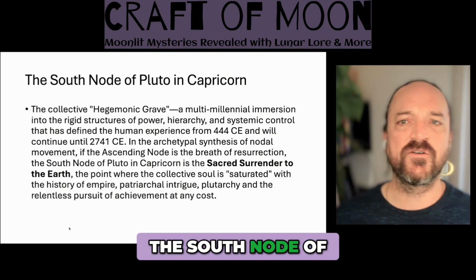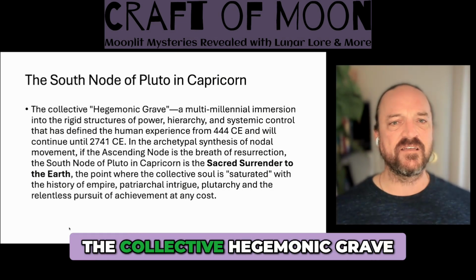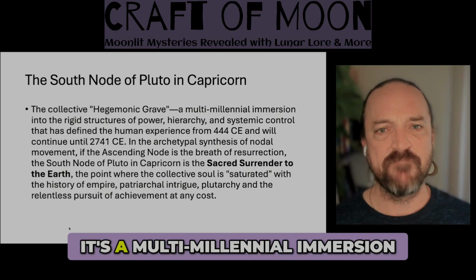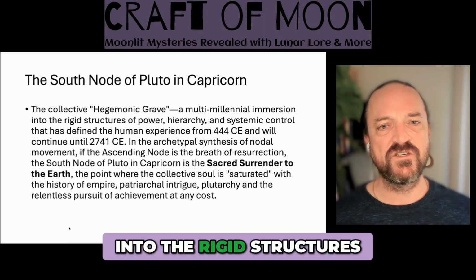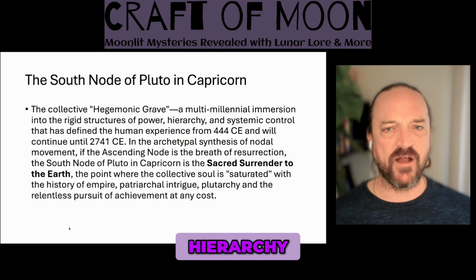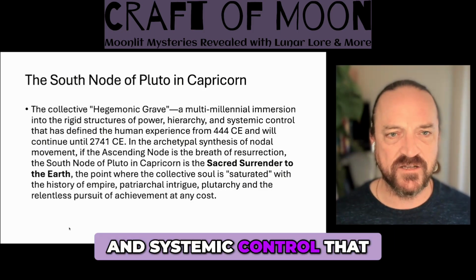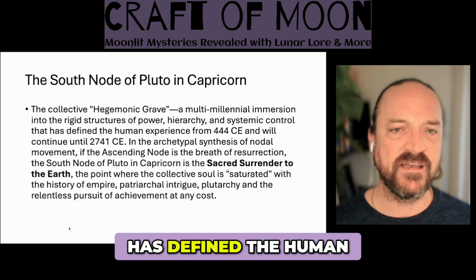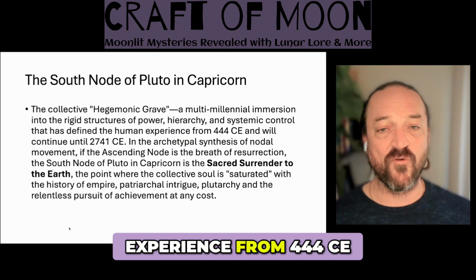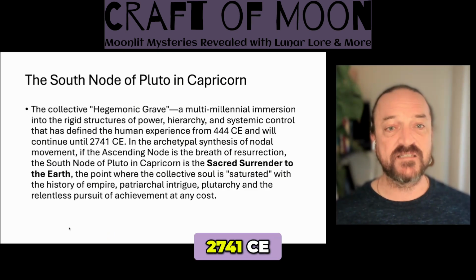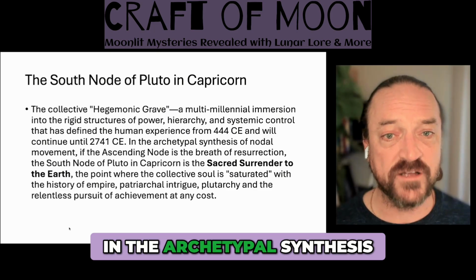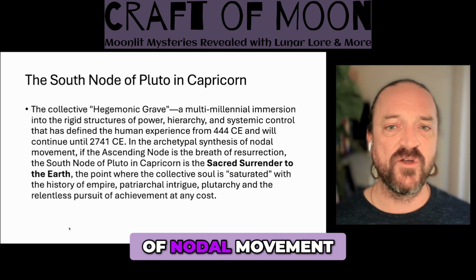The south node of Pluto in Capricorn is the collective hegemonic grave. It's a multi-millennial immersion into the rigid structures of power, hierarchy, and systemic control that has defined the human experience from 444 CE and will continue until 2741 CE in the archetypal synthesis of nodal movement.